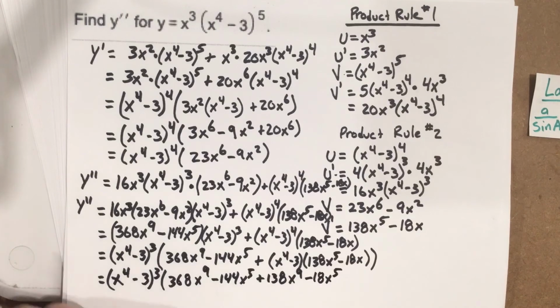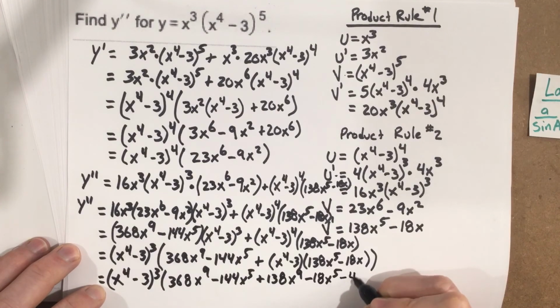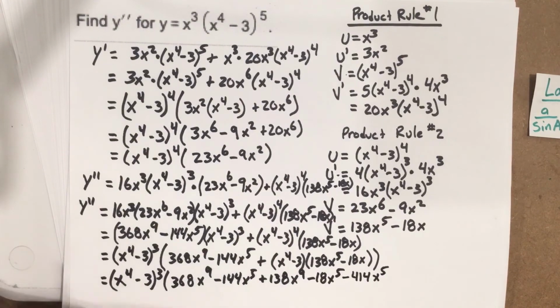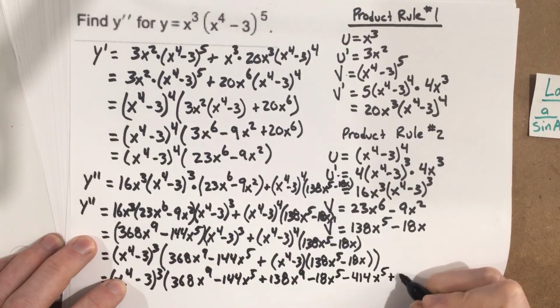Negative 3 times 138 is negative 414x to the fifth. And negative 3 times negative 18 is 54, so plus 54x.